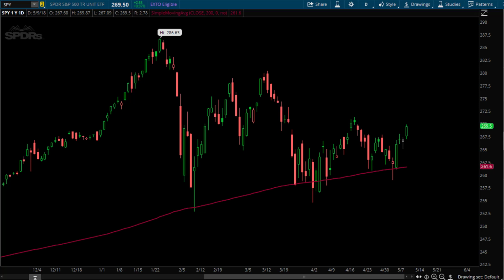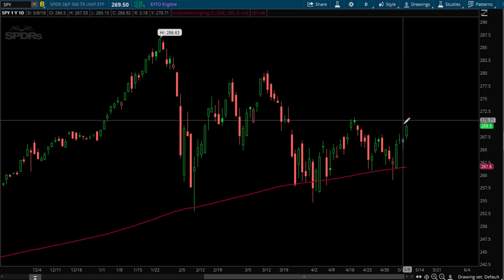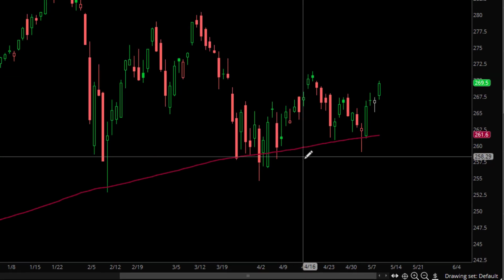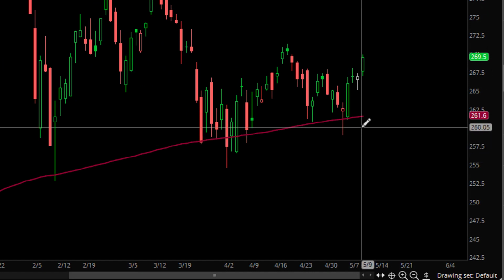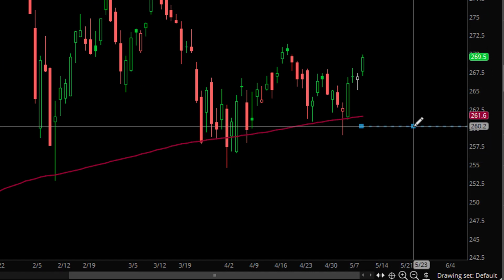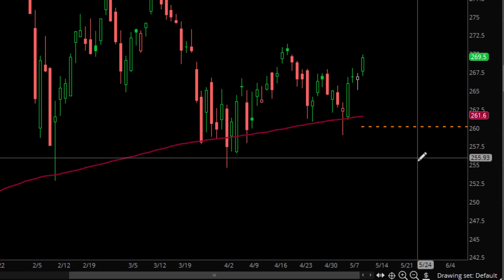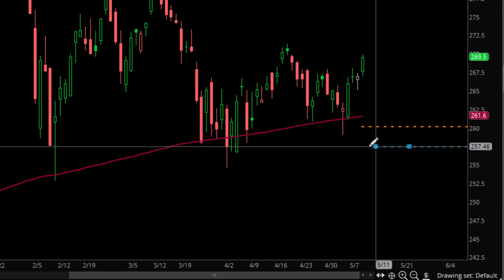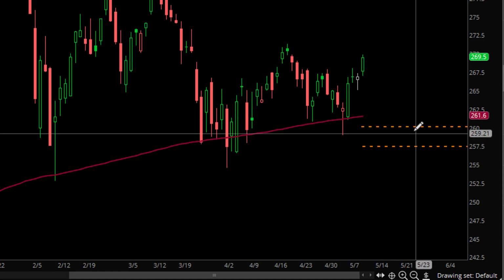So for you to sell something and for it to lose value, in this case a put spread, the price of the stock, in this case the SPY ETF, needs to stay above the put spread that you sold. For example, if I sell the 260 put and I buy the 257.5 put for protection, this is my put credit spread.